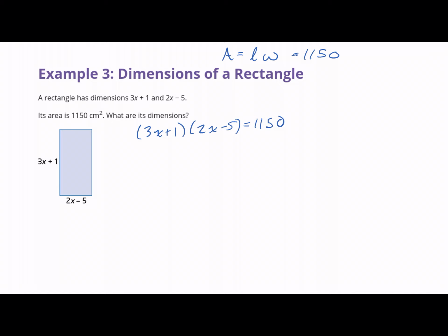Now, not as simple as it looks, because we can't just say 3x plus 1 equals 0 or 3x plus 1 equals 1150. That's not going to find us the answer.